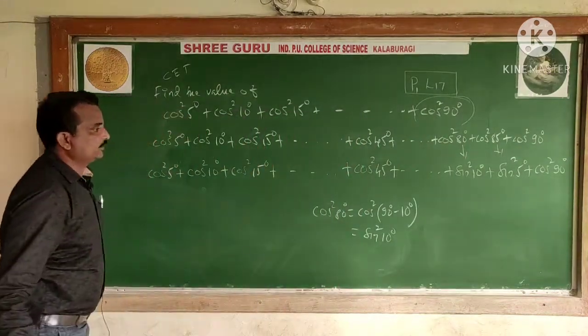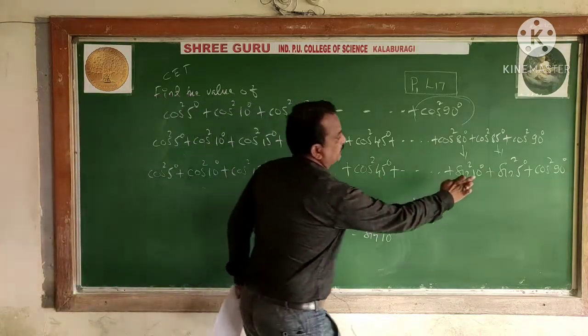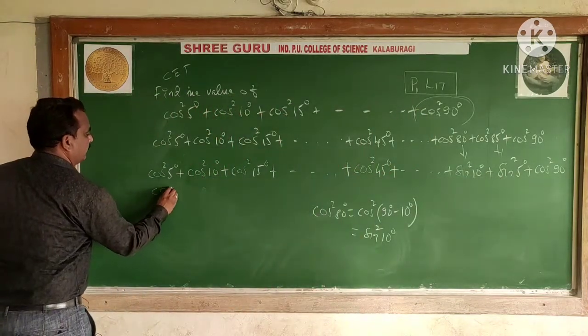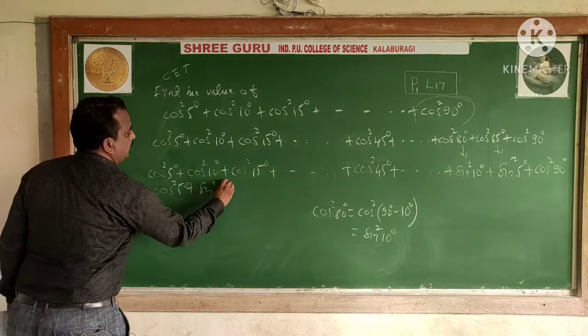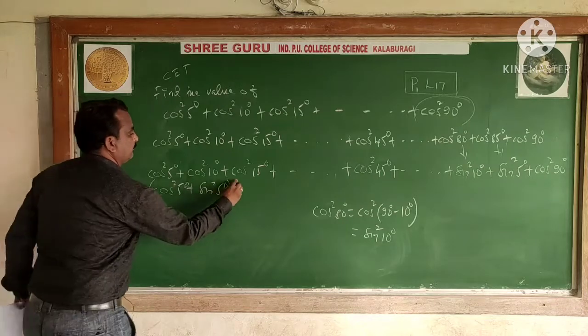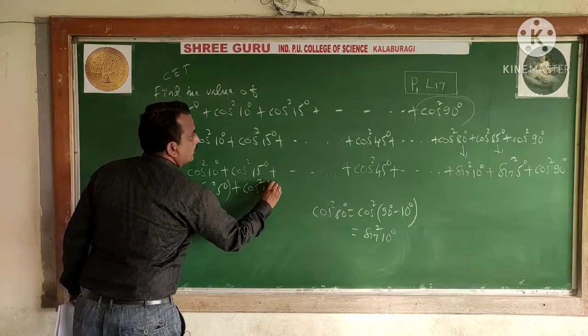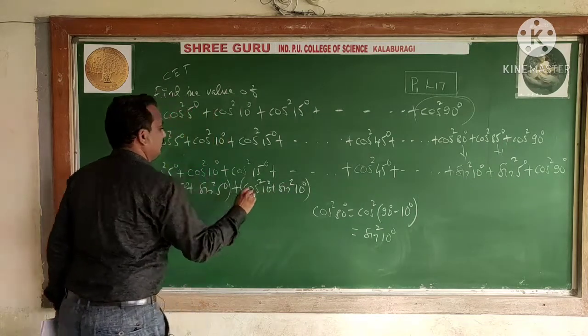Here, arranging the terms: cos square 5 plus sin square 5 degree, plus cos square 10 degree plus sin square of 10 degree, taking pairs on one side.